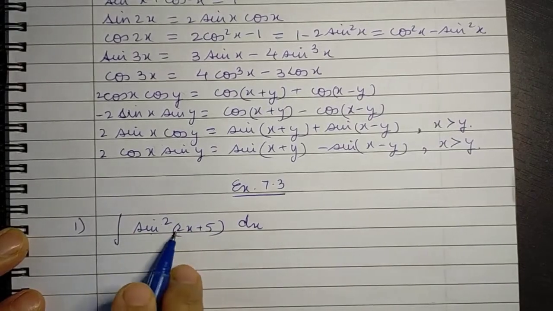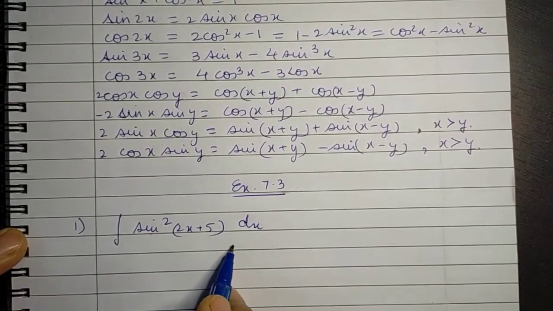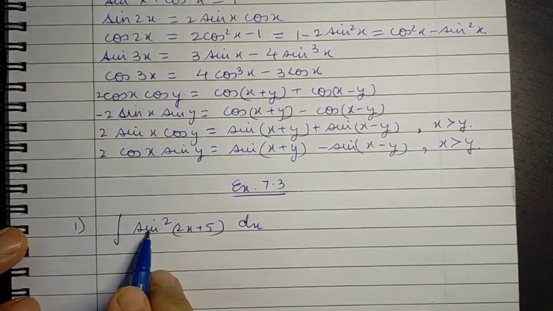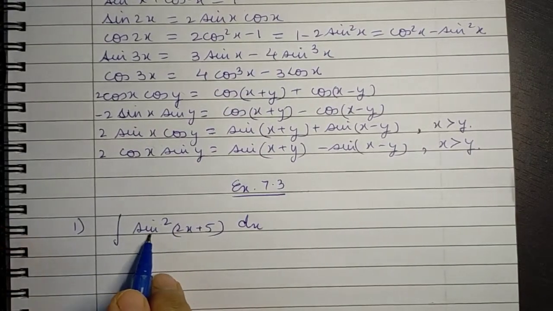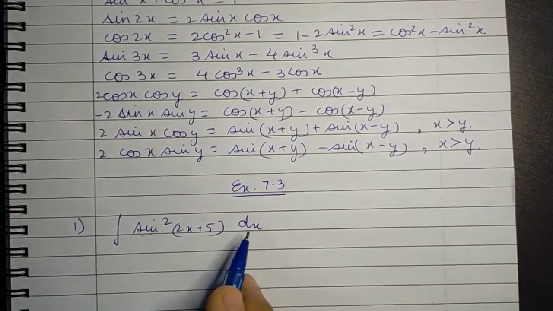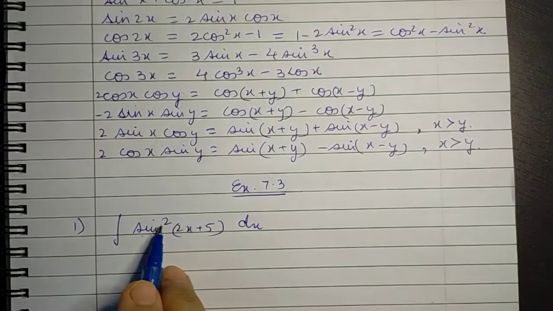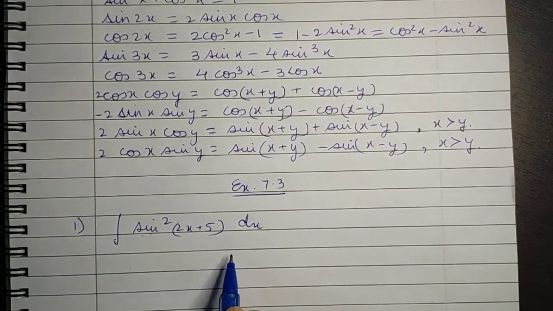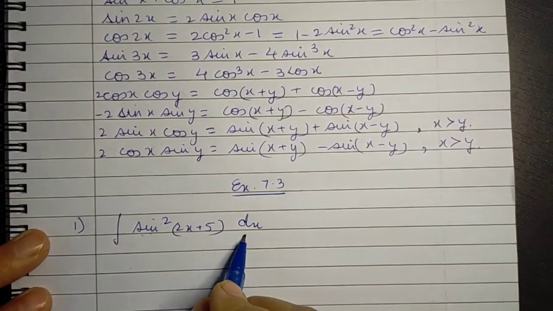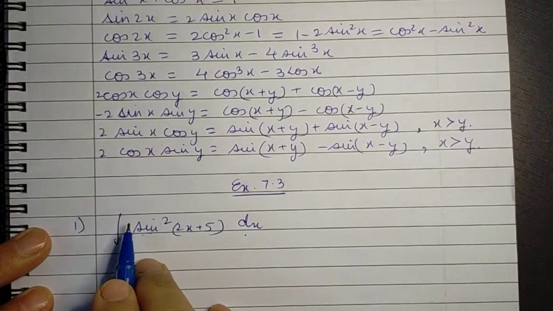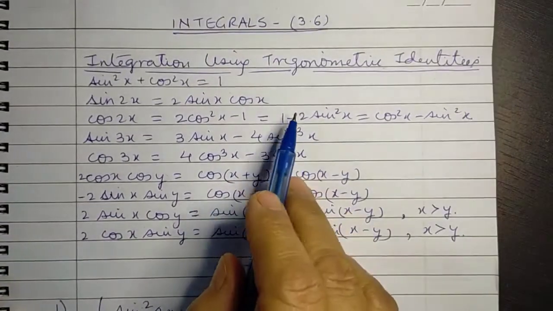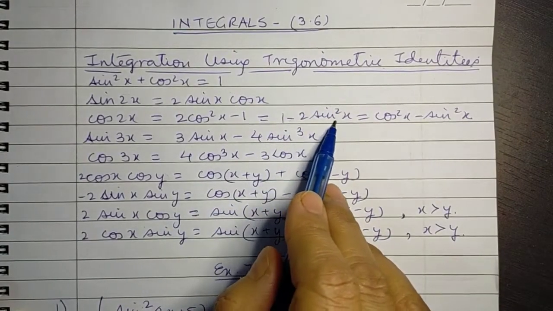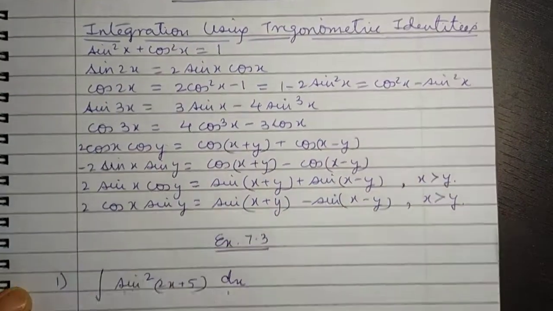What we can do is either keep on substituting, but suppose we substitute sine of 2x plus 5 as t. We don't have its derivative over here, so that substitution method is not very useful here. Instead, we can use the result that sine squared can be written in terms of cos 2x.